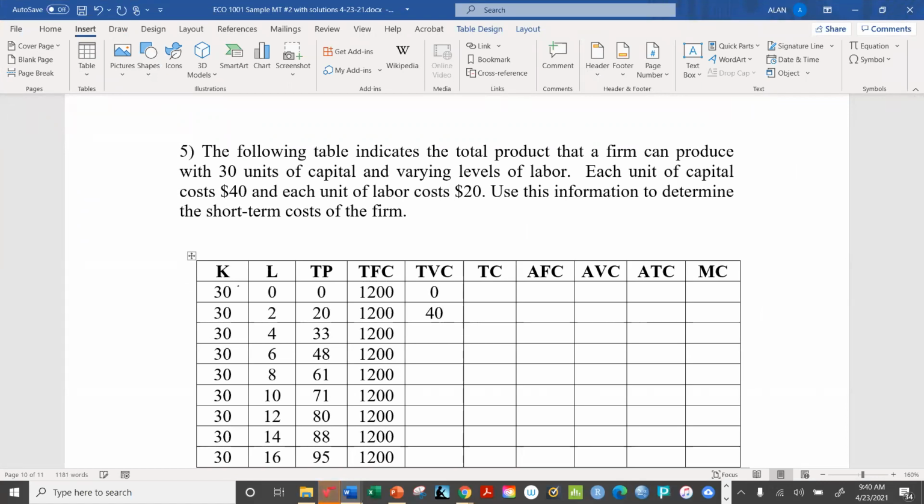And then that goes up to 80, 120, 160, 200, 240, 280, and finally 320. Then the total cost is just the sum of these 2 columns. Okay, so that's easy.